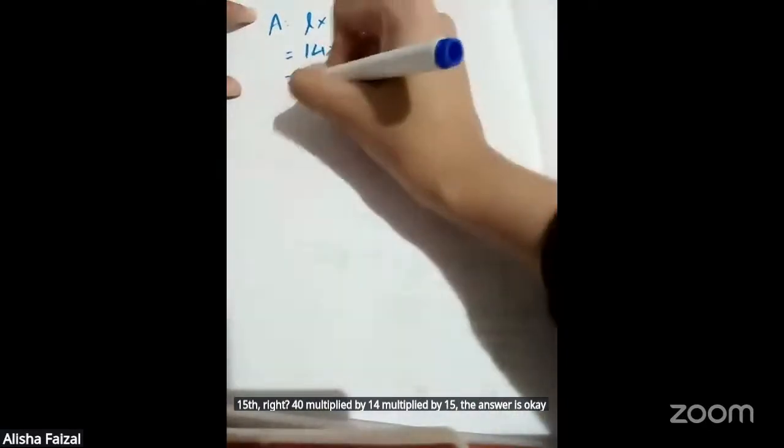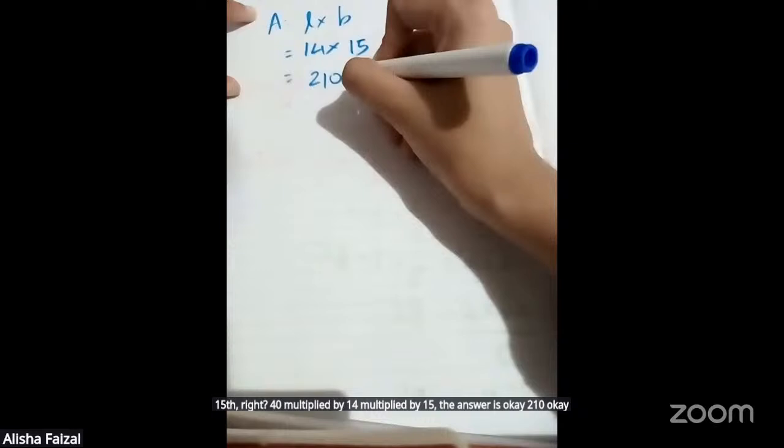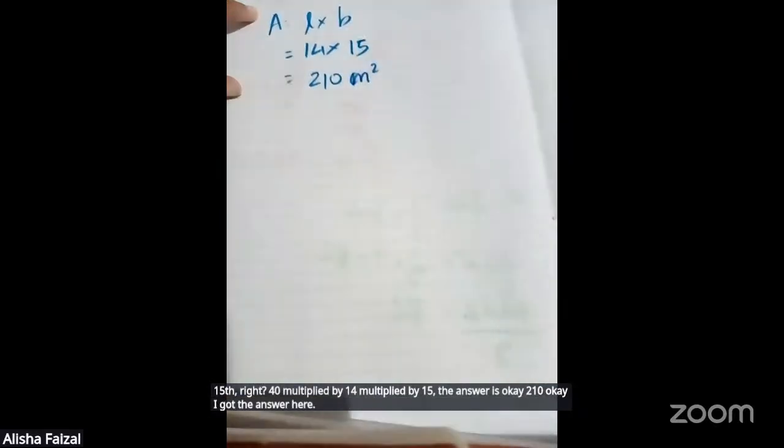Right. 14 multiplied by 15. The answer is 210. Okay. I got the answer here. 210 meters squared. Okay. Now that part is done.